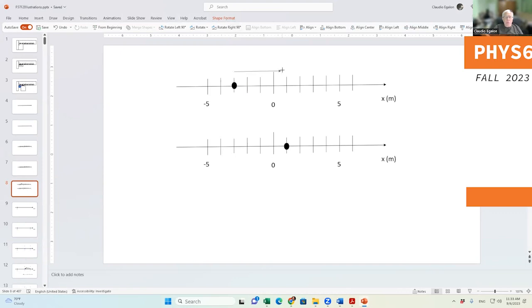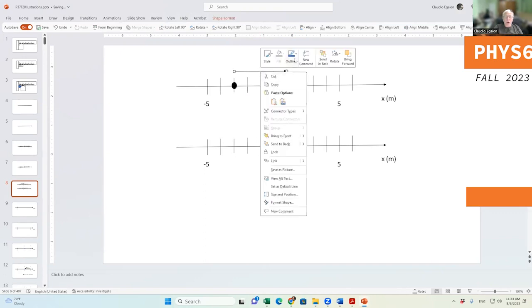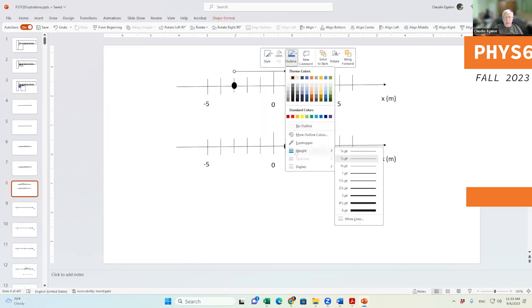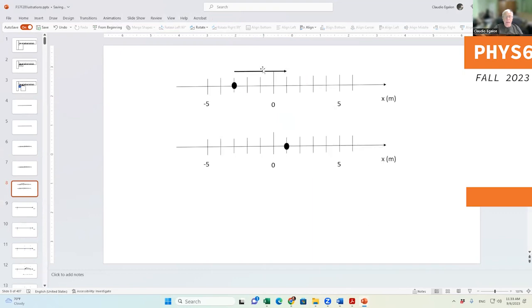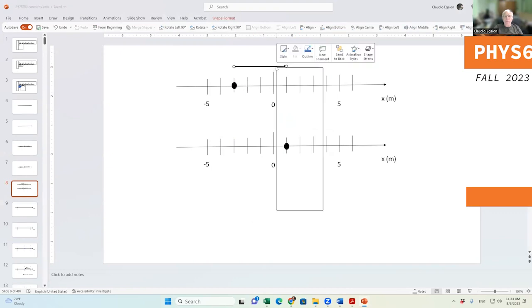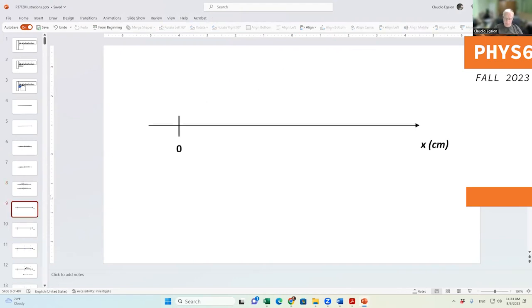This particle moved from -3 to +1. We're not going to talk about vectors yet, but I want you to understand that the concept of displacement can be illustrated by an arrow that goes from the initial position to the final position.